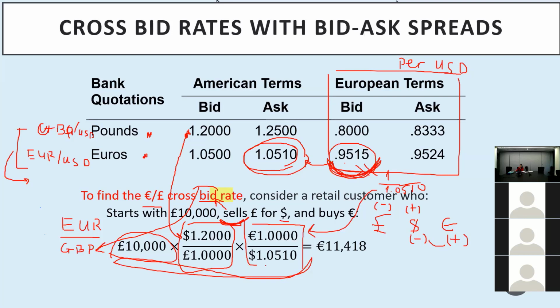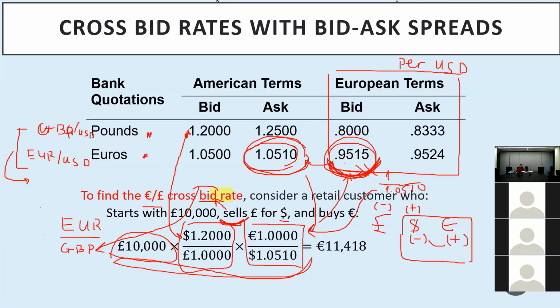So for the second calculation, for the second transaction, we are exchanging the dollar to the euro, and the rate that we are looking at is this rate over here, right? So when we take the reciprocal of this rate, we will find that it is this rate over here, okay?